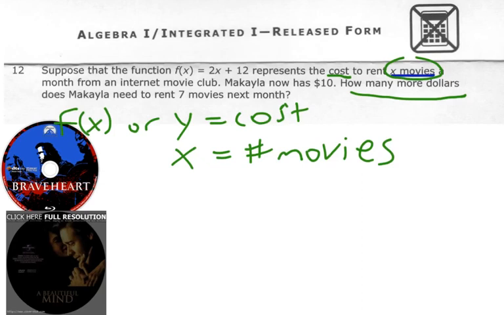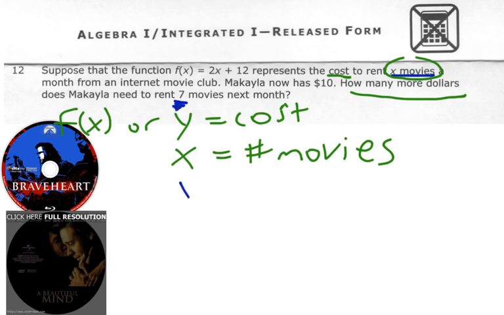So Michaela, let's think. She already has $10. So we want to see how much more she needs. Well, why don't we go ahead and plug in what they gave us? They said 7 movies is what she needs to rent.